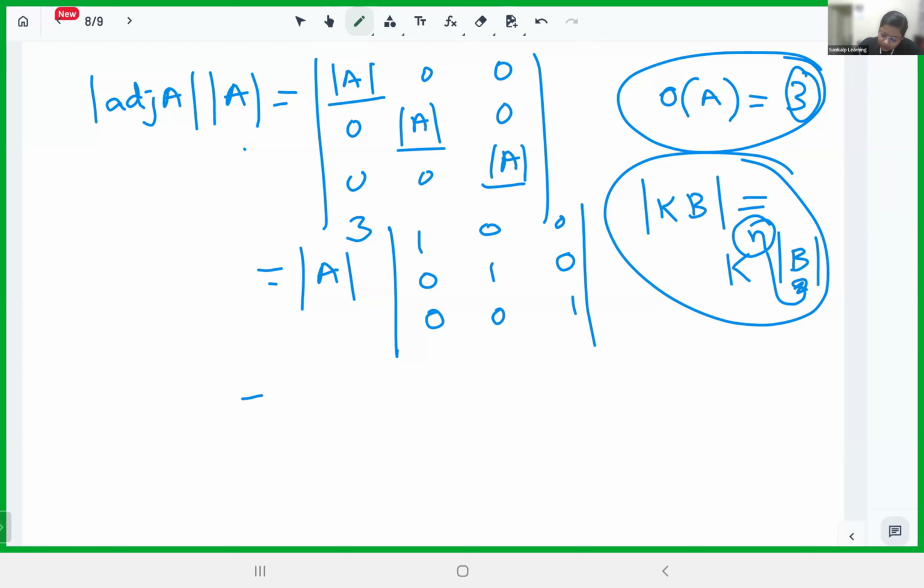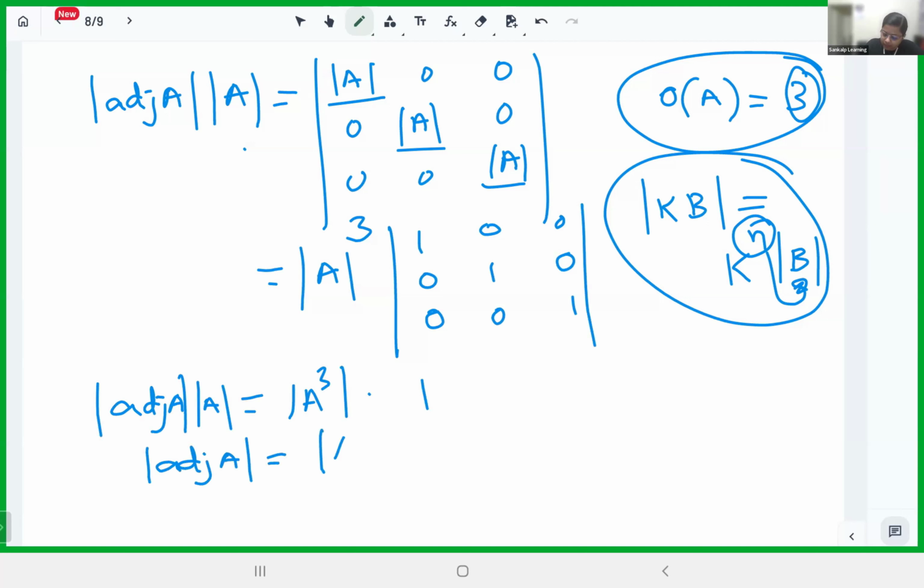So that is equal to determinant A cube into 1, because the determinant of an identity matrix is 1, right? So this has become determinant of adj A into determinant A is equal to determinant A cube. And what can you say about determinant of adjoint A? That is equal to determinant A cube by determinant A. Since both are scalar numbers, we can subtract the powers, right?